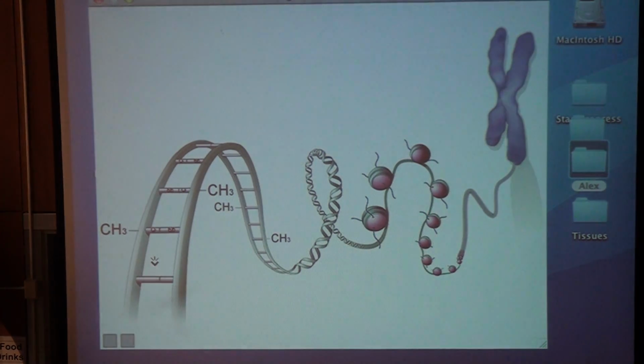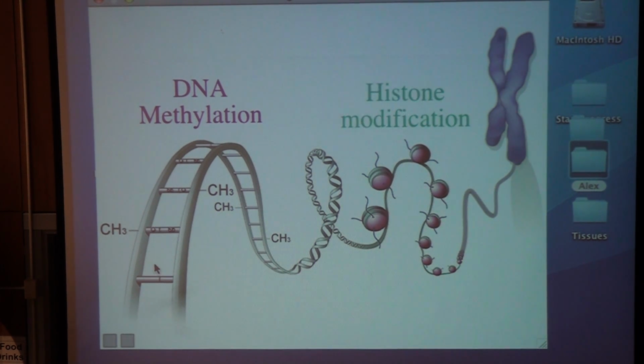I ripped off this figure from the internet somewhere, but it illustrates two ways that, by essentially tweaking the DNA, the cell can regulate gene expression. One is by methylating the nucleotides, and the other is by modifying the histones to wrap the DNA either tightly or loosely around the histones.